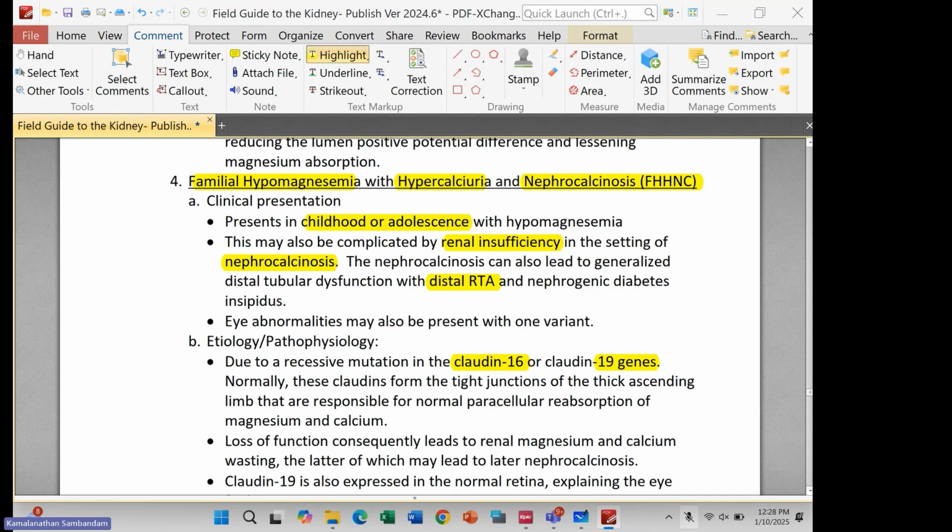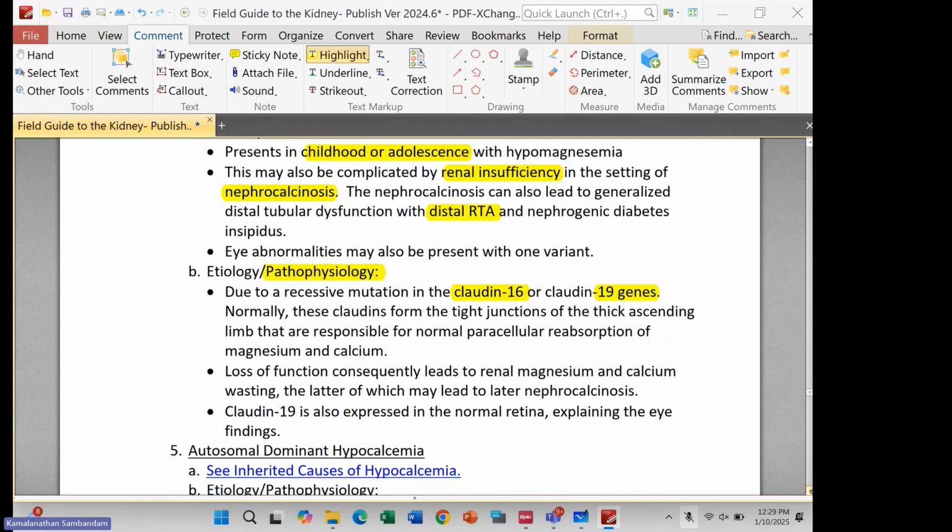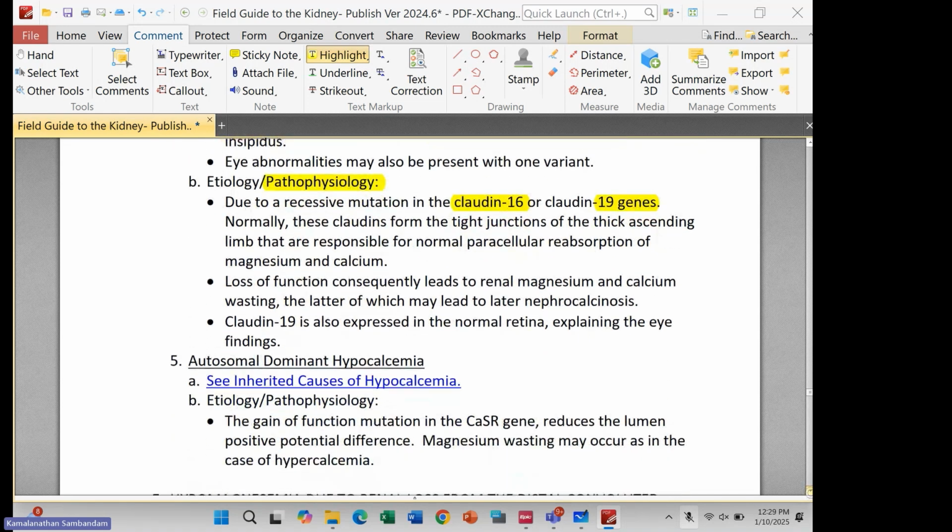So with this nephrocalcinosis and RTA association, we don't always know which came first. Okay, here's another example in which nephrocalcinosis from a particular defect may later manifest as RTA. Again, the pathophysiology revolves around those paracellular proteins, the claudins that mediate paracellular transport of calcium and magnesium.